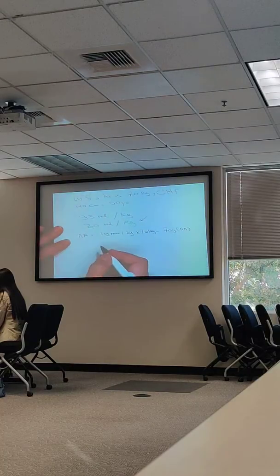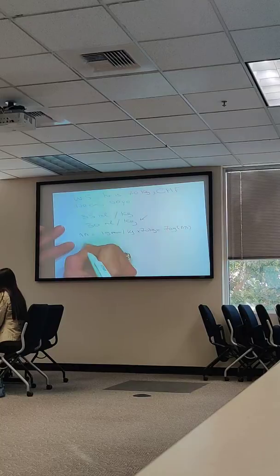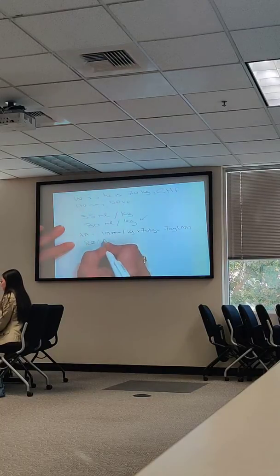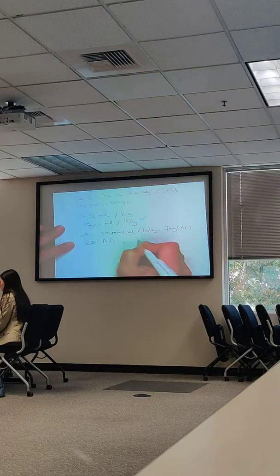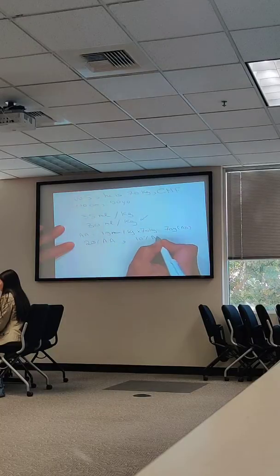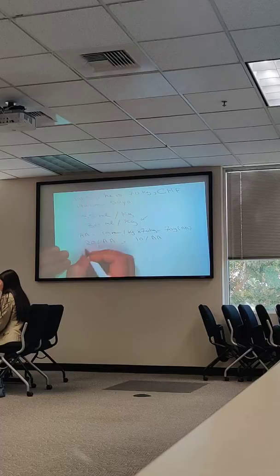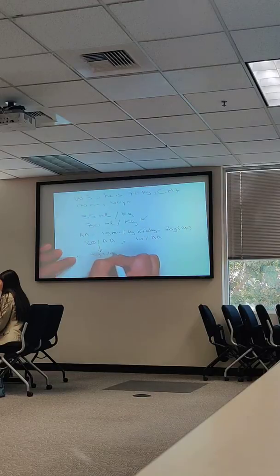If I have 2 solutions, 20% amino acids and 10% amino acids: if I use the 20%, the number of milliliters equals 70 grams multiplied by 100 milliliters over 20 grams, which equals 350 milliliters.